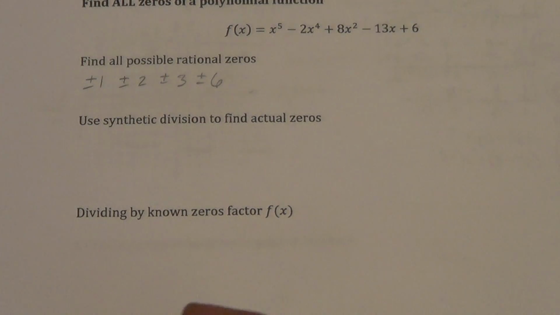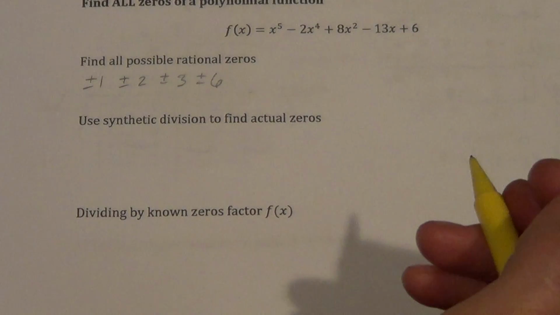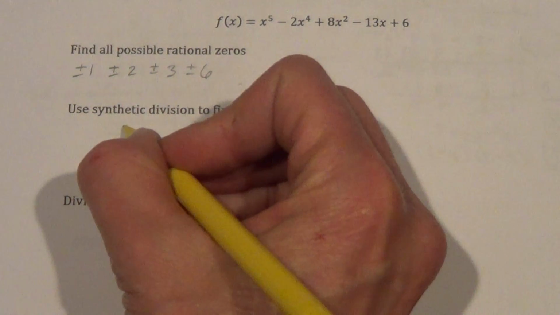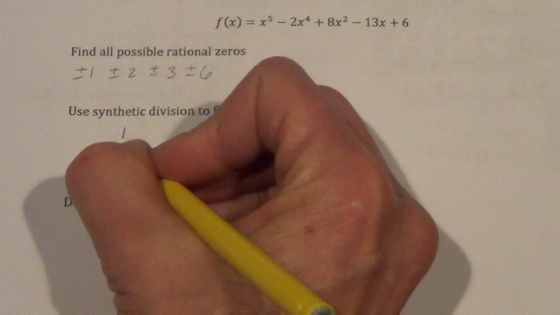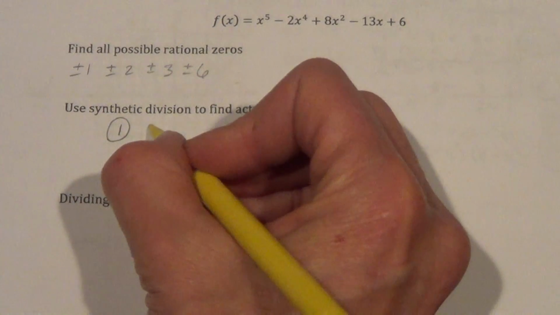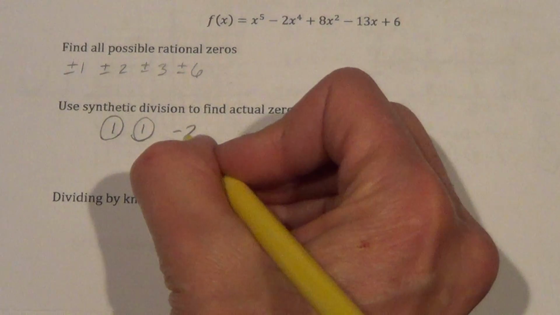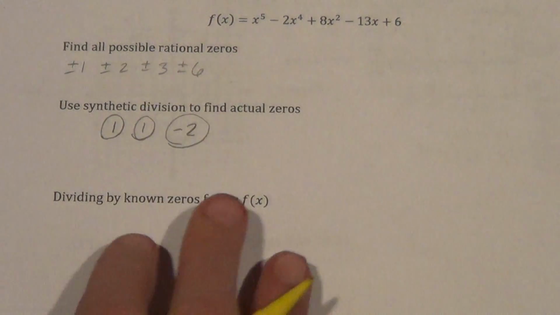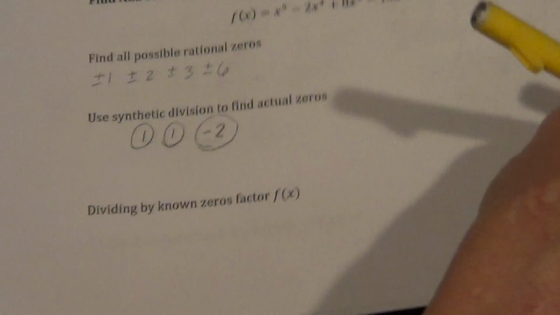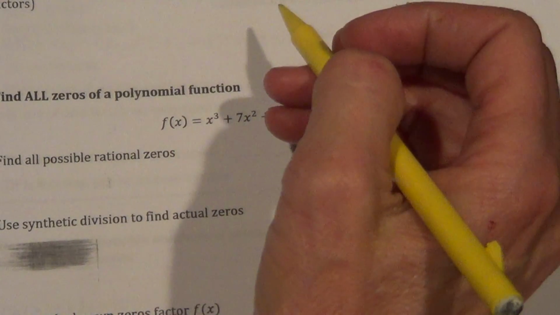Okay, so we come up with actual zeros. We end up with 1, and then 1 again, and then a negative 2, and then we end up having to do the quadratic formula.